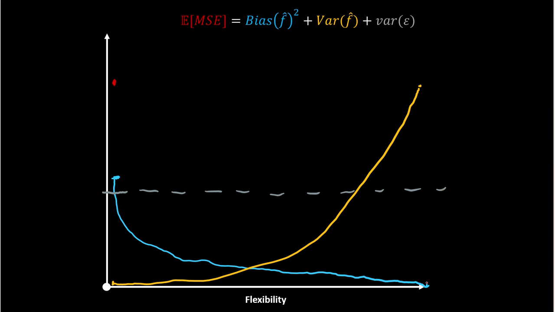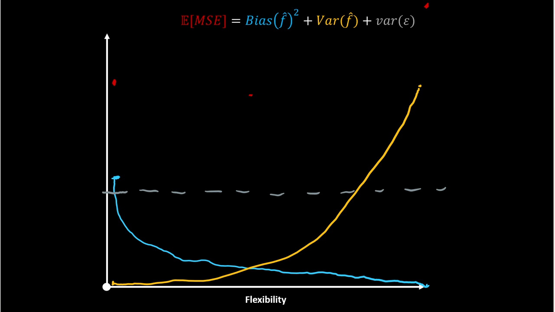irreducible error, but now bias is driven to 0, but variance is very, very high. I'm actually going to be off the screen, unfortunately, but I'll just say that it's here. It would actually be higher than that. Then let's pick this intersection point. Again, we go to the irreducible error, and then the blue curve plus the orange curve.